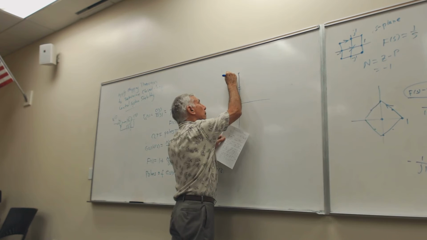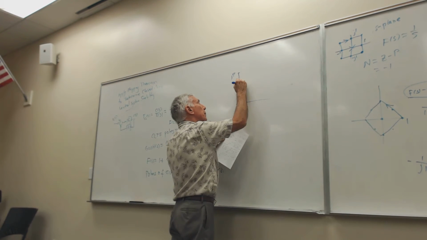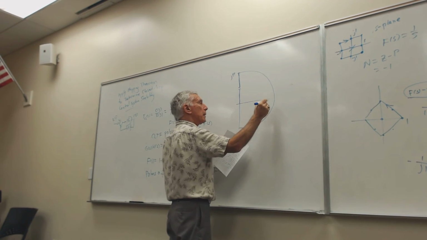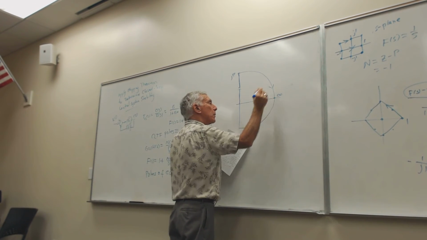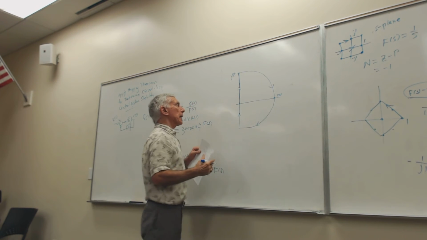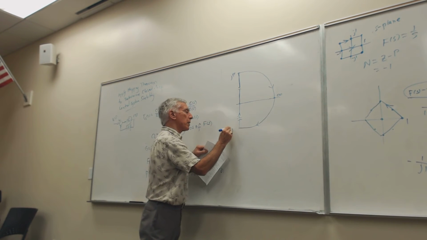It goes up the j omega axis all the way to j infinity, and circles the whole right half plane. This is infinity here. It's a closed clockwise contour. It goes back up the j omega axis. This is minus j infinity.